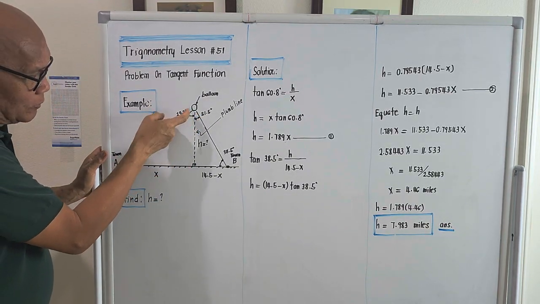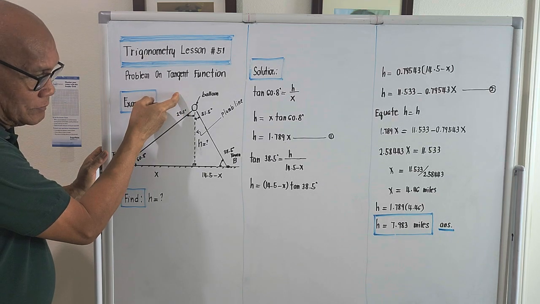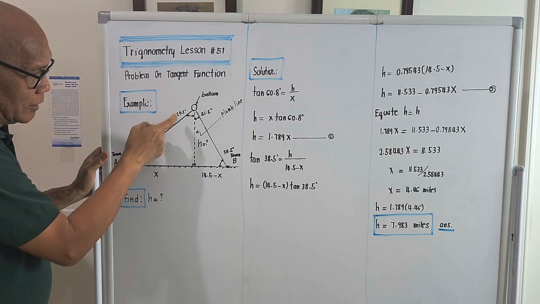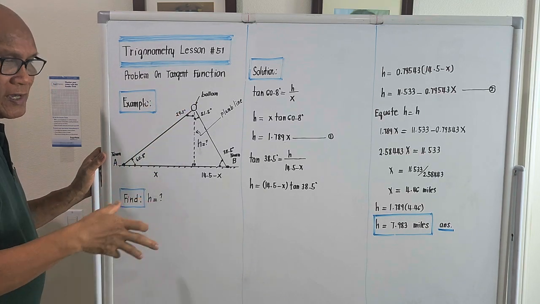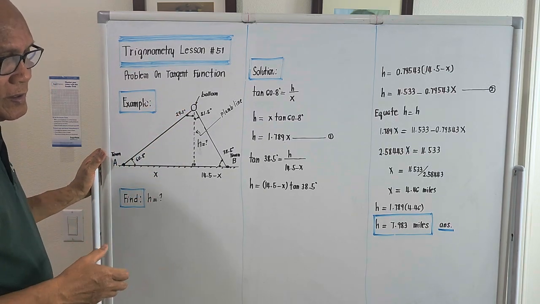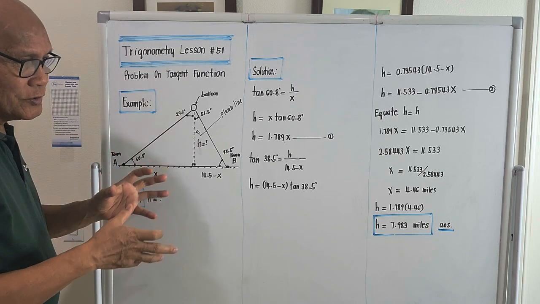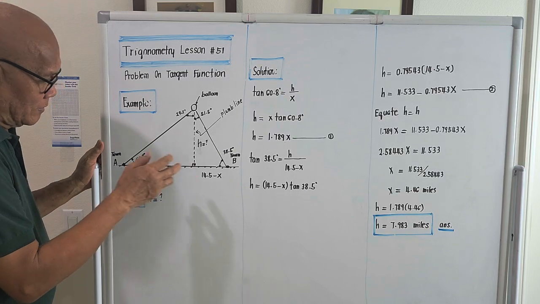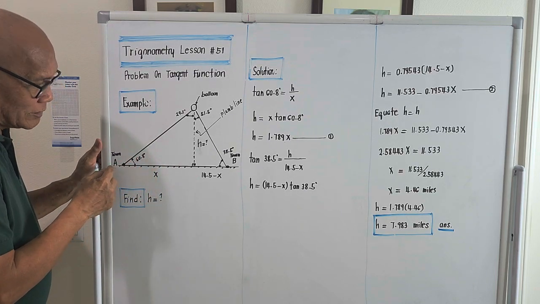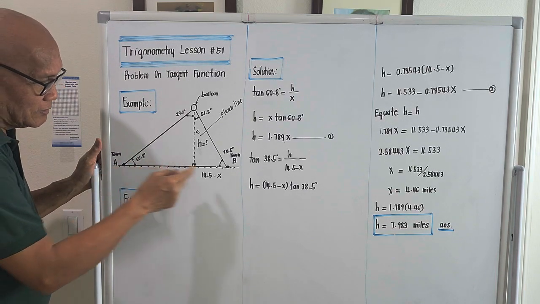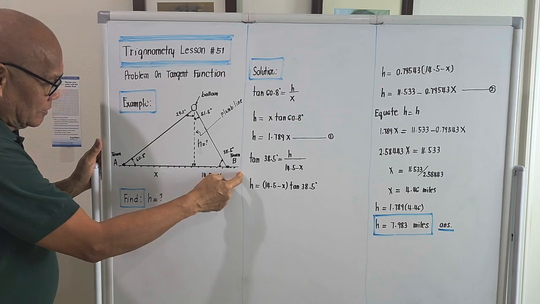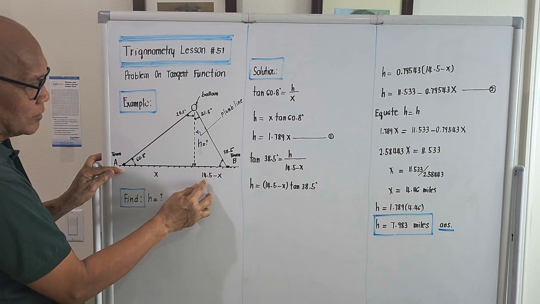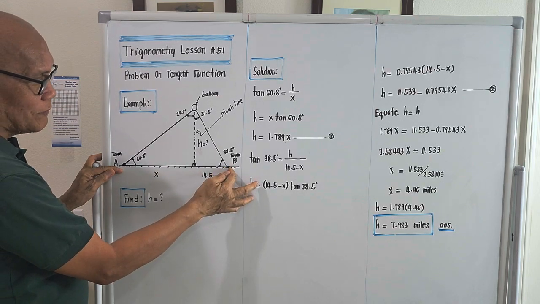We are given a balloon. This balloon has an instrument that measures the angle concerning two towns, town A and town B. The distance between town A and town B is 14.5 miles.